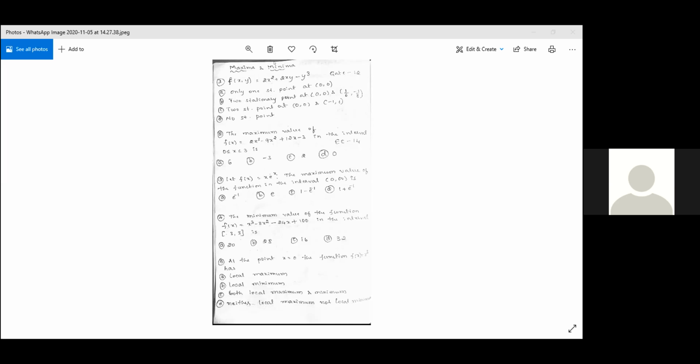Yes. Okay. You should try the third one, all of you. The same ordinary derivative test you have to apply, since the function is a function of one variable.